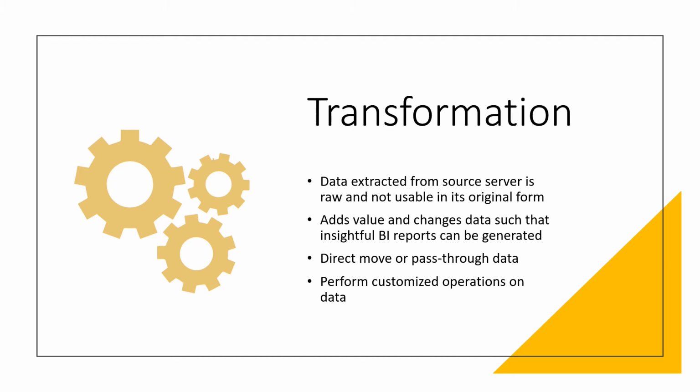Let's take an example of what kind of transformations may be needed. For example, if the user wants the sum of sales revenue which is not in the database or not in the staging area, then we can apply a function to get the sum of sales. Similarly, if the first name and the last name in the table are in different columns, it is possible to concatenate them before loading.